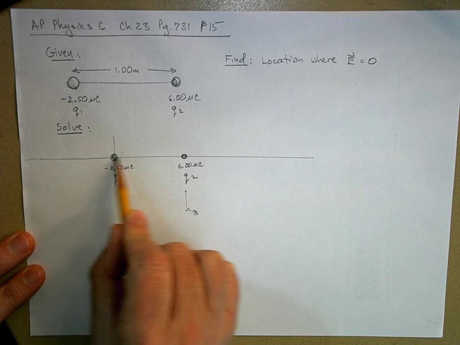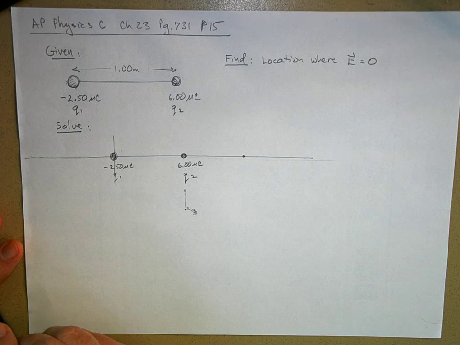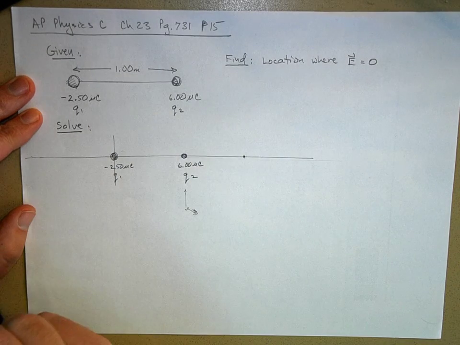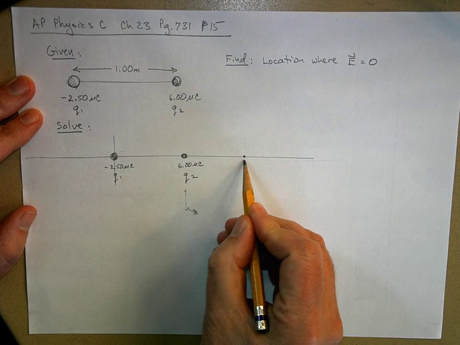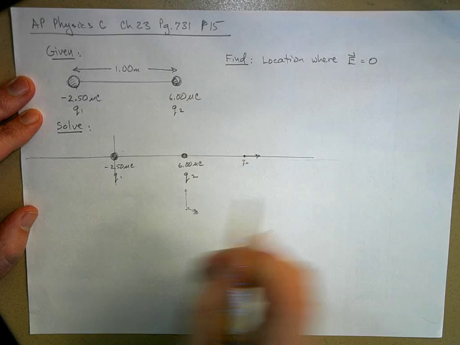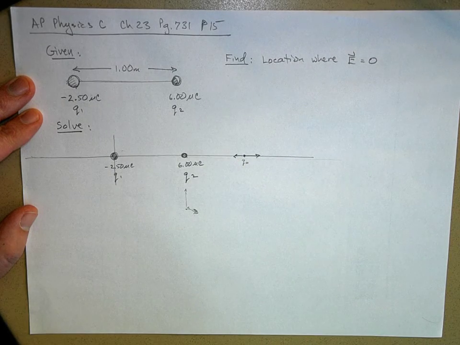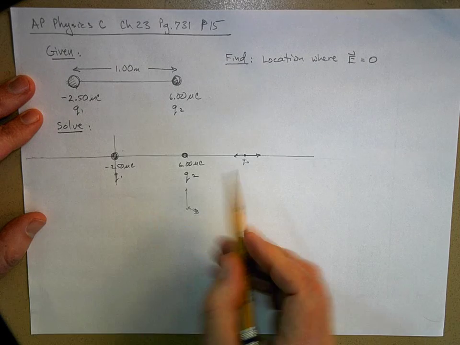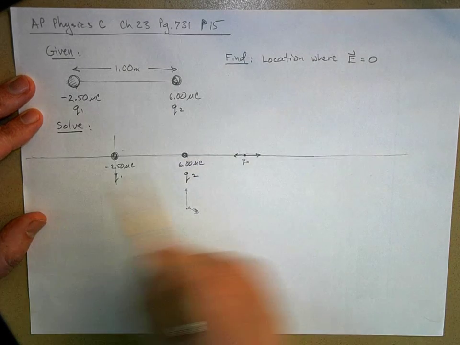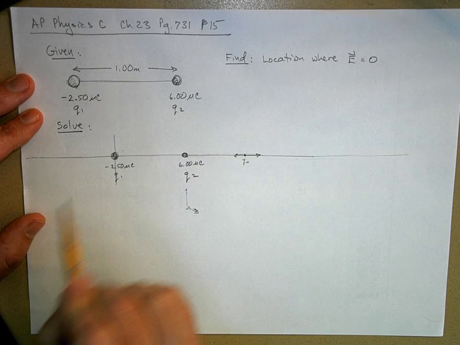Well, let's look along this line. If I'm right here, I've got a shot, because a positive test charge will be repelled by the 6 microcoulomb charge, and it will be attracted to the negative 2.5 microcoulomb charge. But here's our problem. As long as we're to the right here, we're always going to be closer to the positive charge than the negative charge.